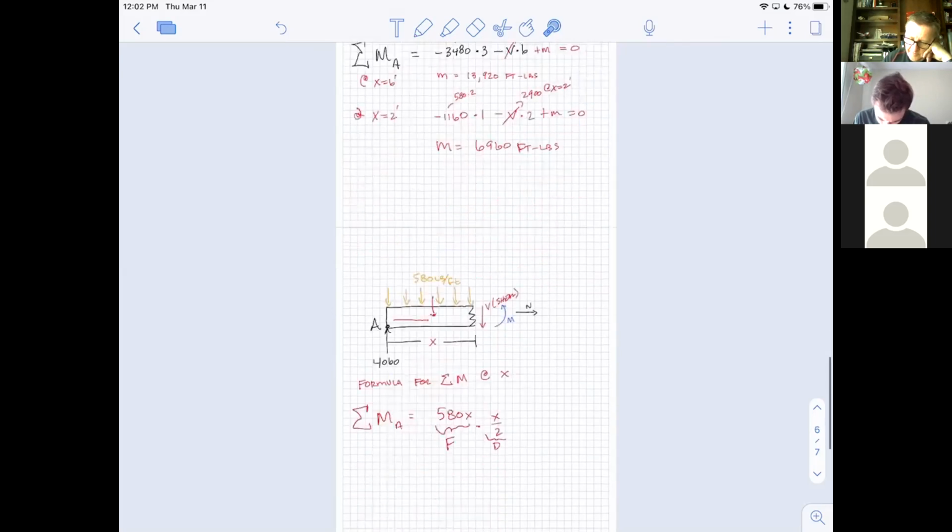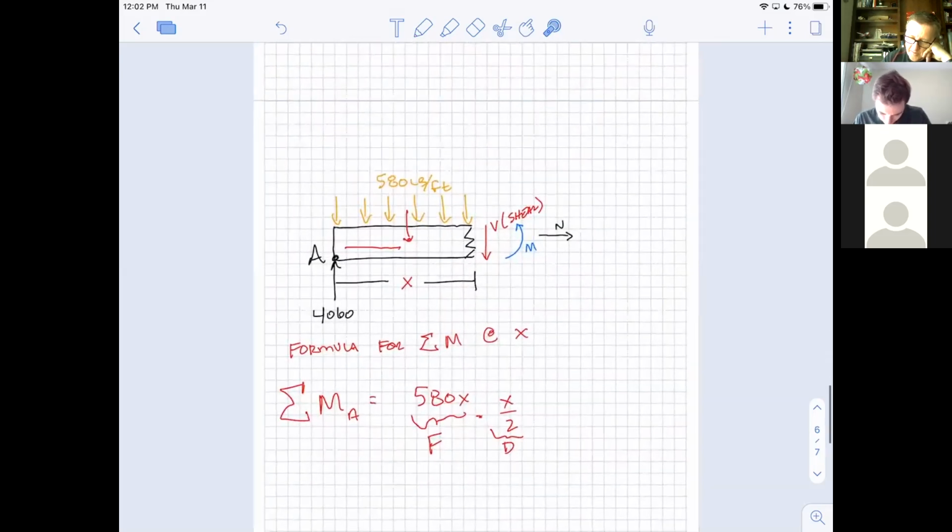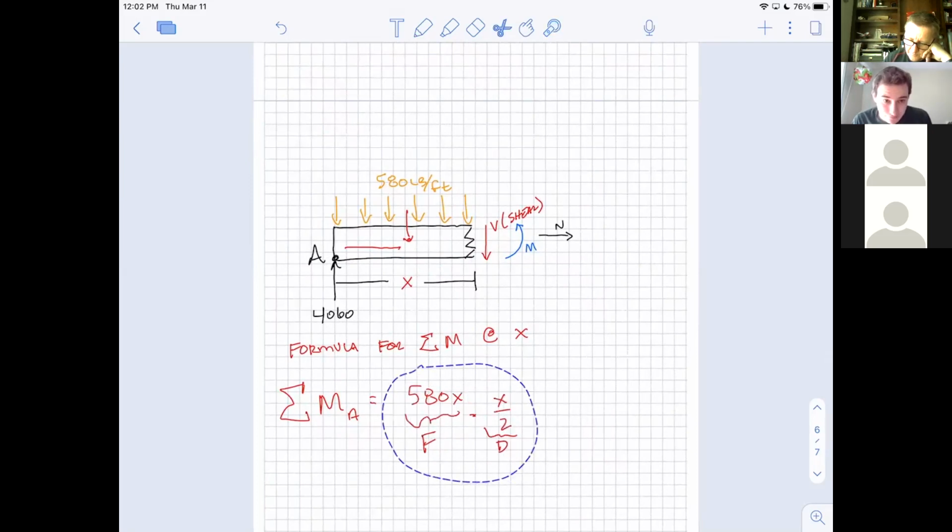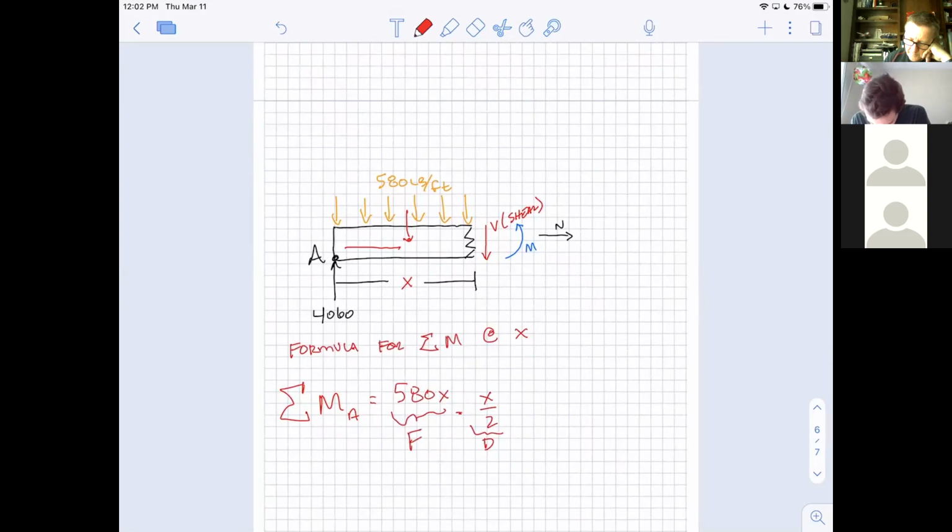And then the V, the shear, is whatever its size is times an entire distance of x. So let's include that. And notice that was negative because it's pushing downward, right? So I got to throw that negative in there. And then so is the shear.